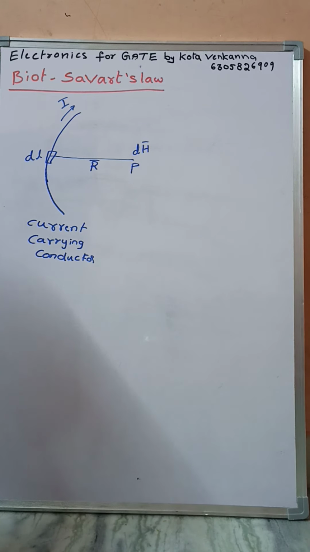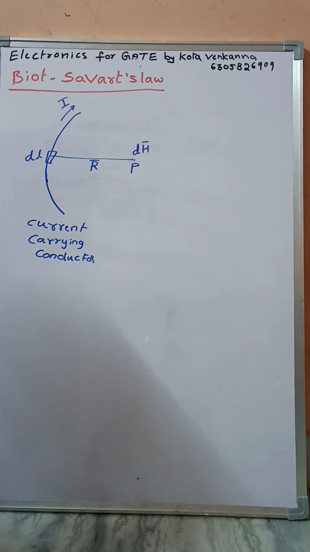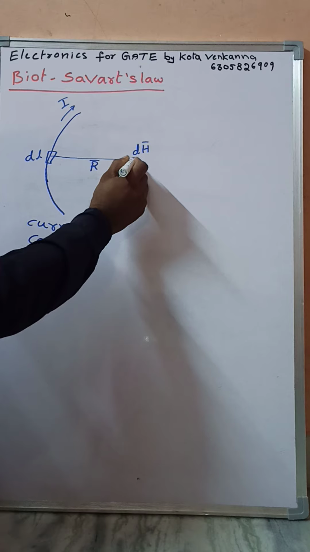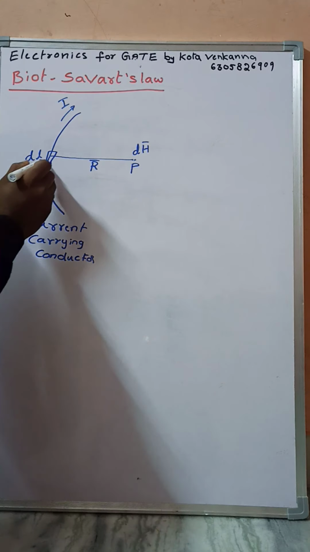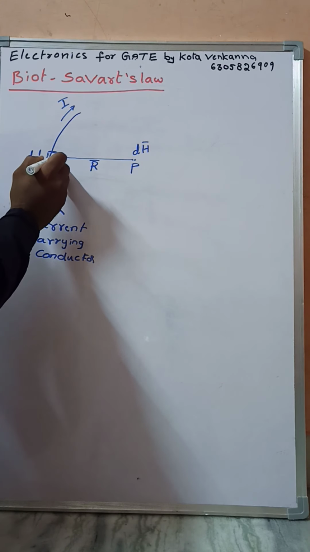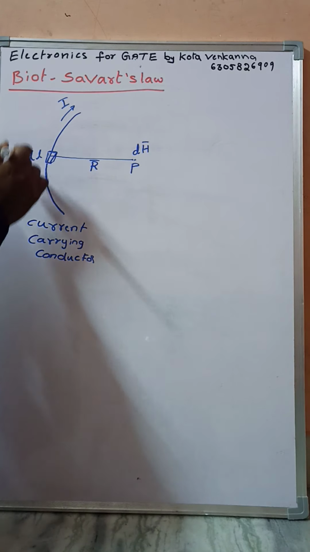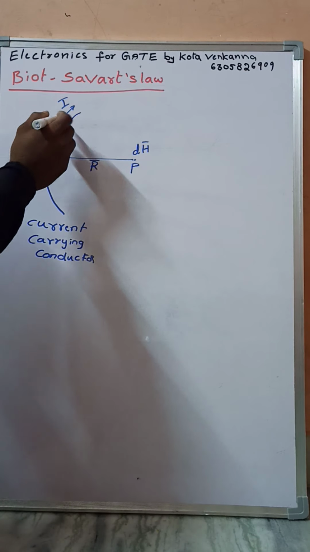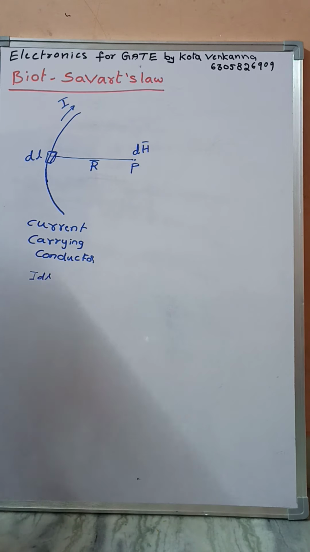The differential magnetic field intensity at the point P is produced due to the current element IDL. Consider the length DL; the differential current element is indicated with IDL.